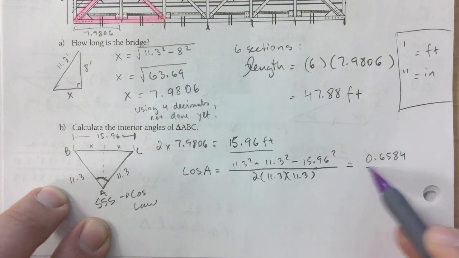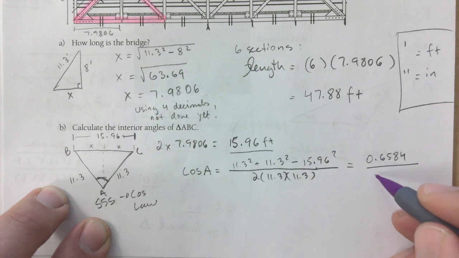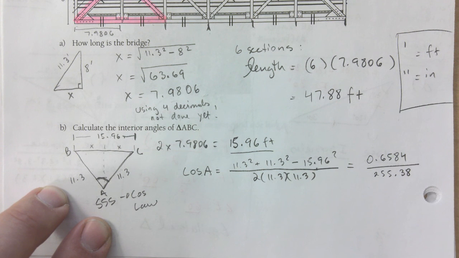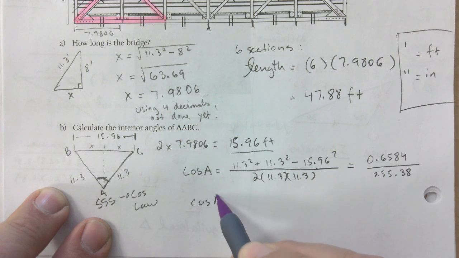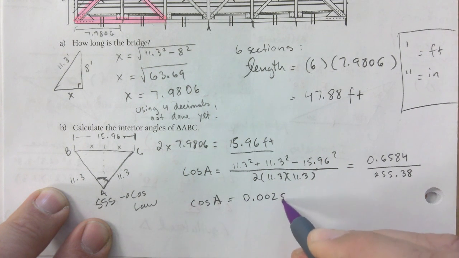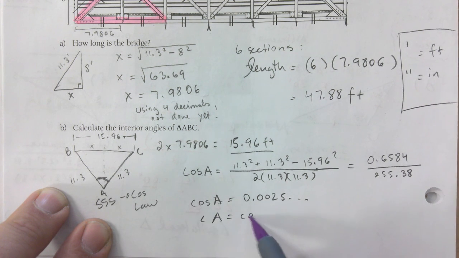That's what you get there. It looks a little suspicious. I feel like I made a mistake, so I'm going to rerun that. No, it looks good. So cosine of A would be dividing these two. Using all decimals, angle A would be cosine inverse of 0.0025.